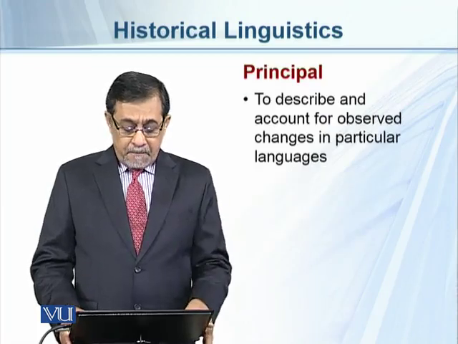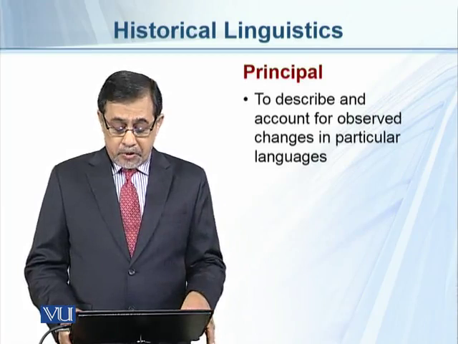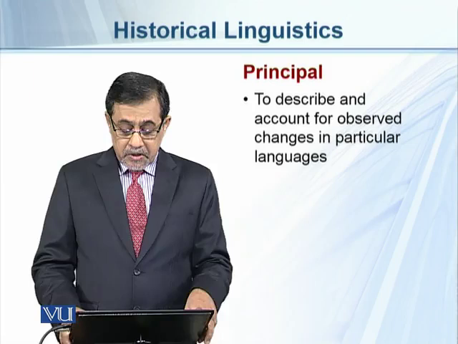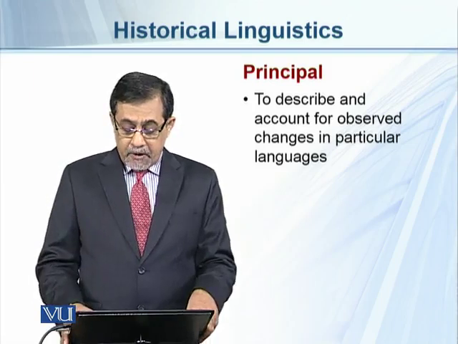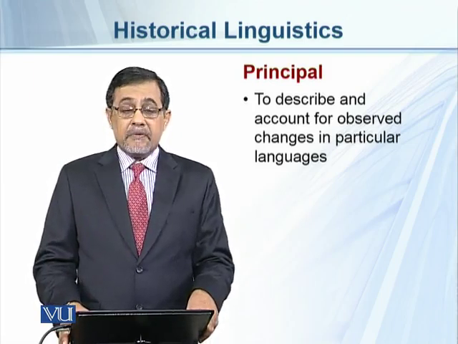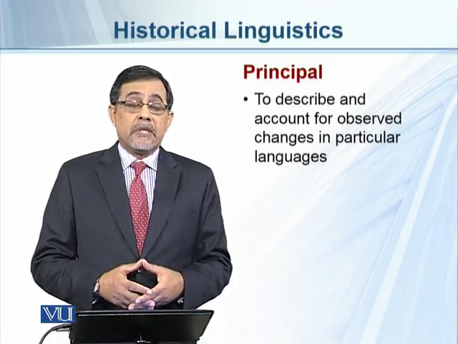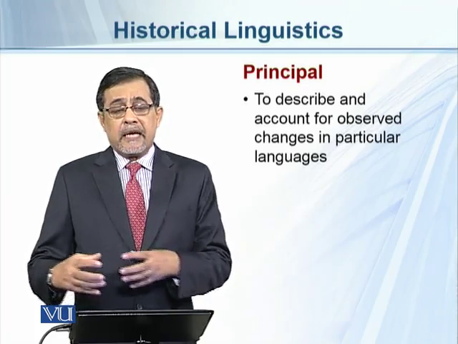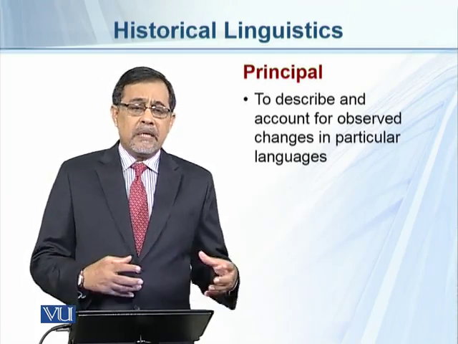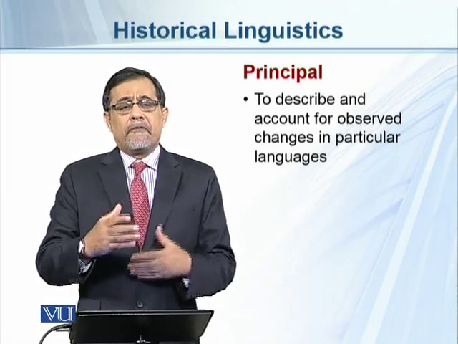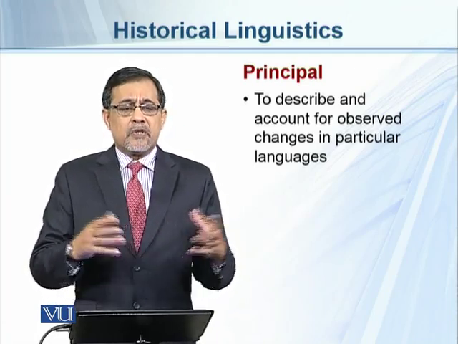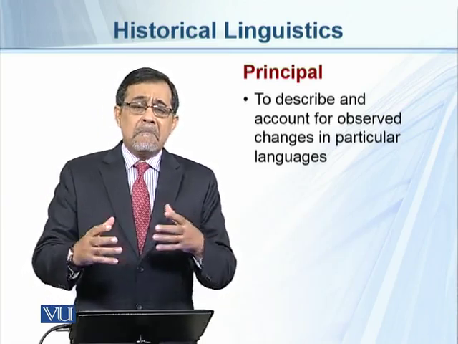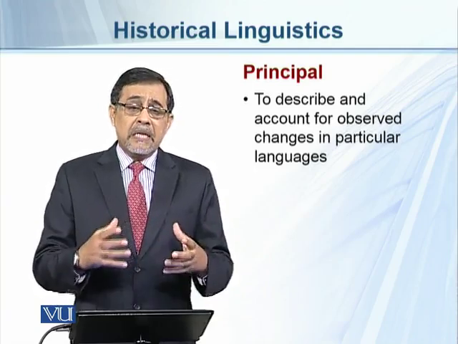So the principal uses of historical linguistics are to describe and account for observed changes in particular languages: how different sounds have changed, how structures have changed, how languages started as synthetic and came to be analytical languages, how different phonological, structural and morphological changes took place, and how meanings change.